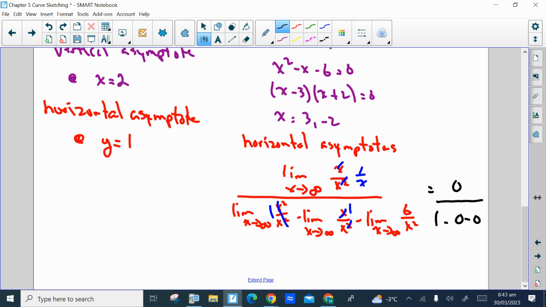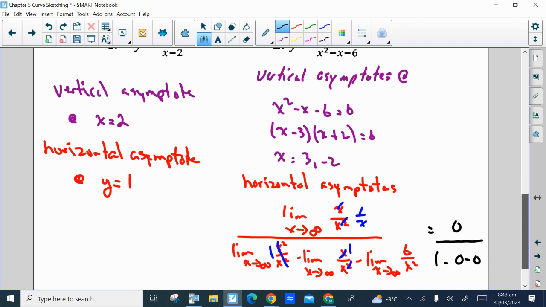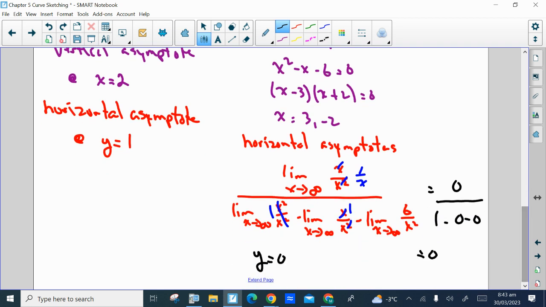Doesn't really matter what the bottom works out to be, though, because the top is 0. And so this tells us that the horizontal asymptote is a line y equals 0, the x-axis. And that will always happen when the degree of the top is less than the bottom. Then the x-axis will be a horizontal asymptote.